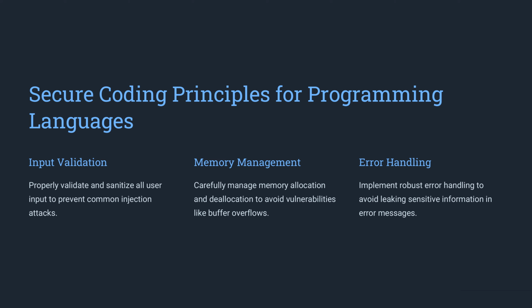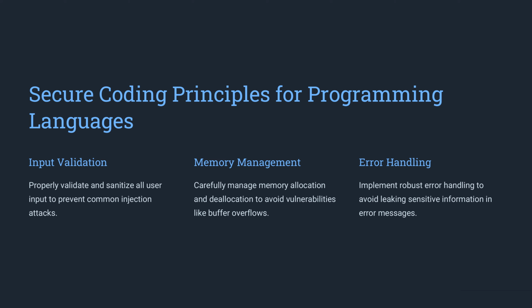In this slide, we are focusing on secure coding principles that are essential for programming languages. To start with, input validation is a fundamental aspect. It's vital to properly validate and sanitize all user inputs to prevent common injection attacks, which are a significant threat vector. Next, we have memory management.